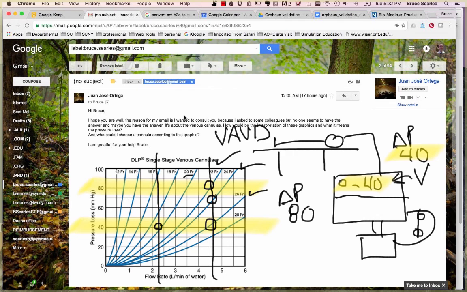But if we were to apply a lot of vacuum, we could get by with an 18 and perhaps even an 18 and a 16 French, because while this is over here, this is also pretty low. So if you were applying 80, you'll get a lot more drainage. So this range here gives you the maximum capacity of your cannulas based on gravity or vacuum.